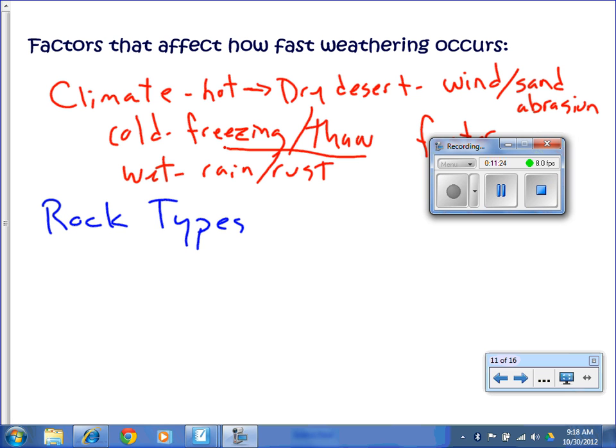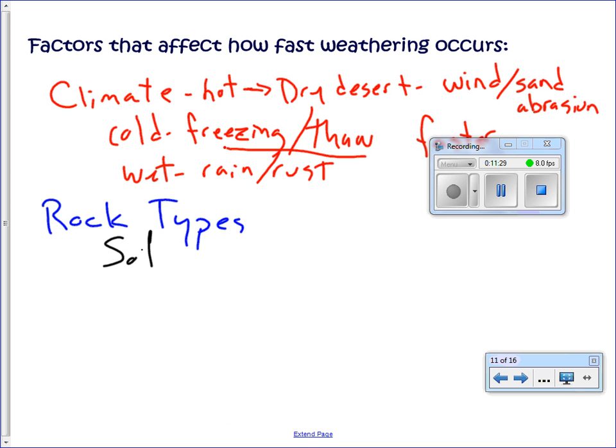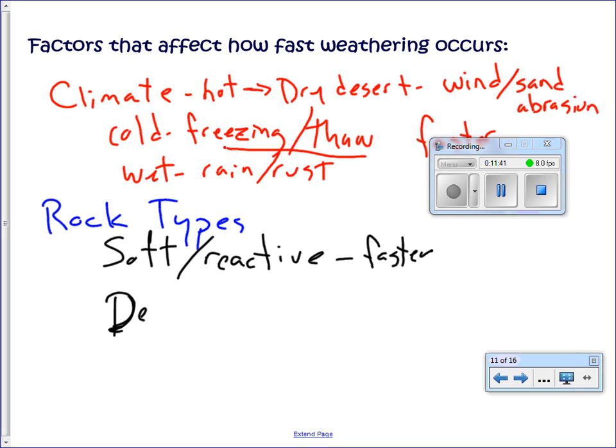So some of the things, rock types, if it's softer or reactive, it might erode faster. And then things that are dense, hard, things like granite and some of the metamorphic rocks erode very slowly.